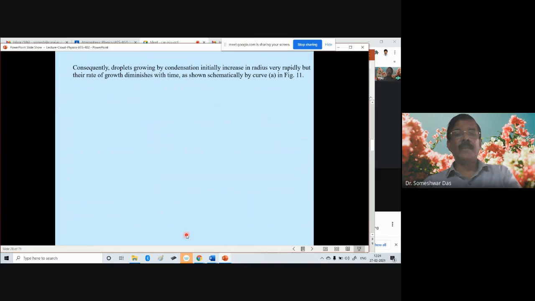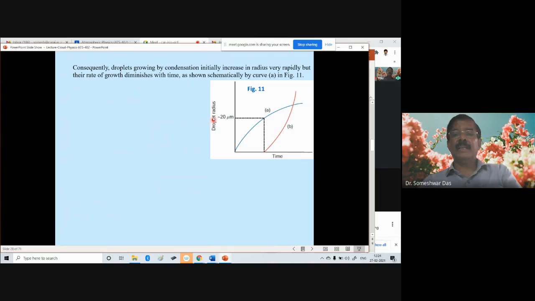Consequently, the droplets growing by condensation initially increase in radius very rapidly, but the rate of growth diminishes with time, as shown schematically by a curve in this diagram. In this diagram, what you are seeing is the growth of the droplet radius with time.